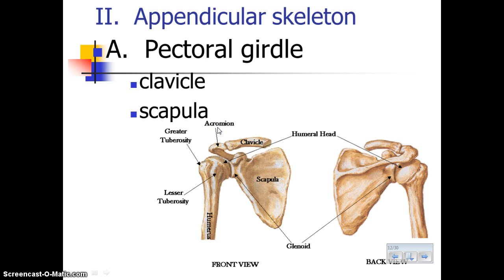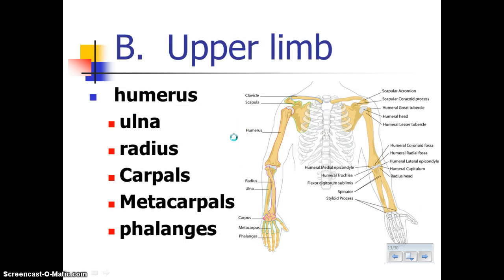Well, the acromion then is just this little extension off of the scapula. The upper limb then contains the humerus, the radius, and the ulna. We see how as you turn your wrist over, those bones go from parallel to being crossed. The carpals would be the bones of the wrist. The metacarpals and the phalanges then would make up the hand.